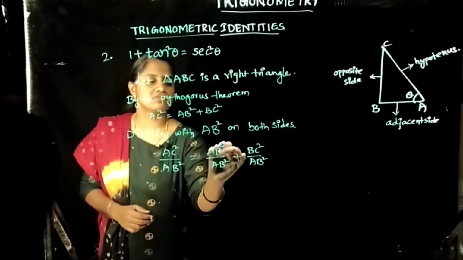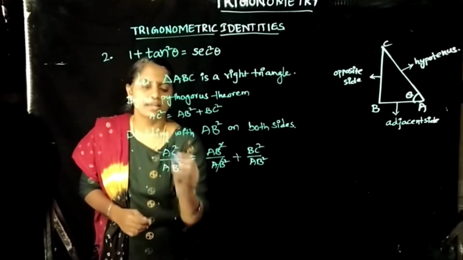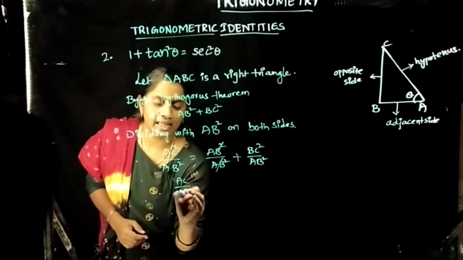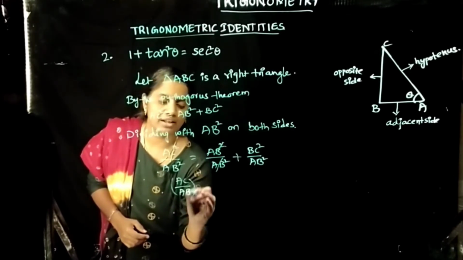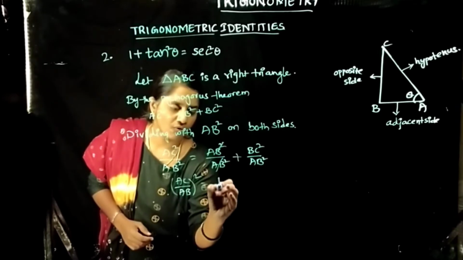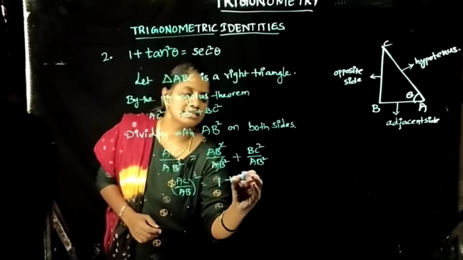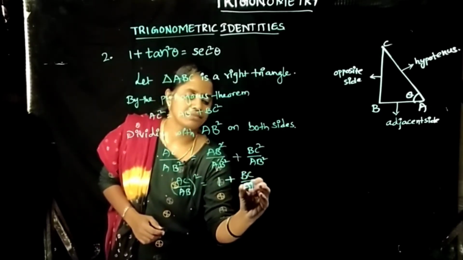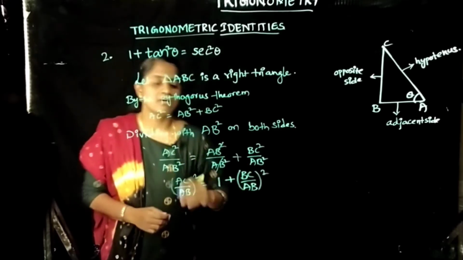Here AB square both are cancelled. AC by AB whole square is equal to 1 plus BC by AB whole square.